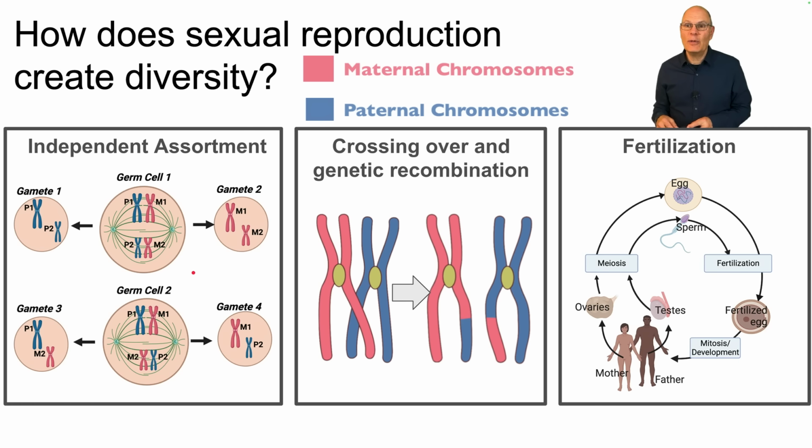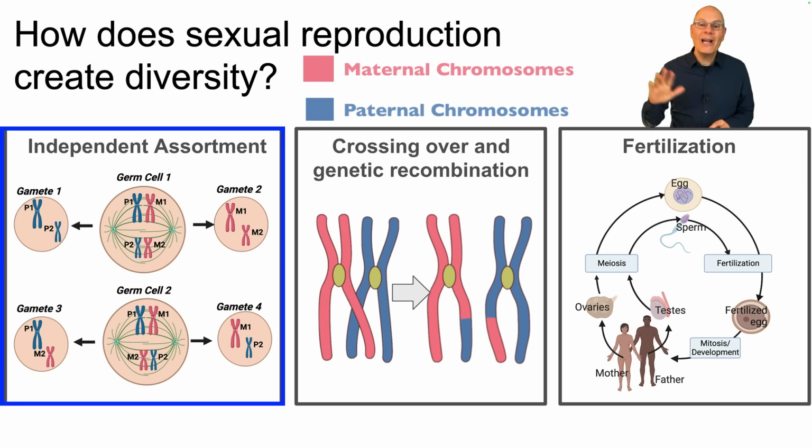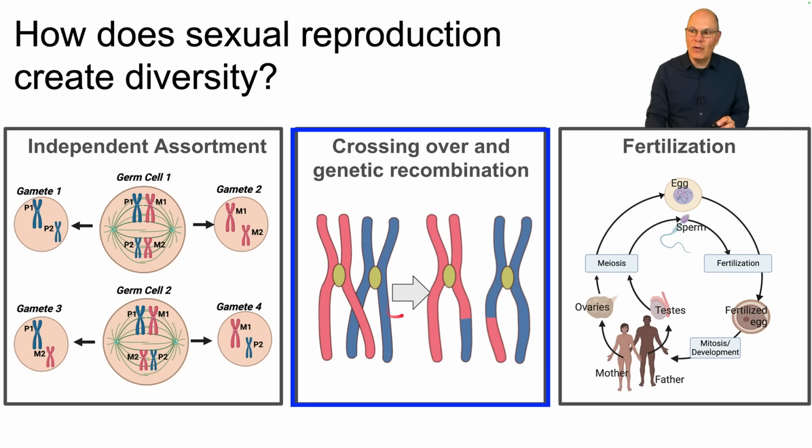How does sexual reproduction create diversity? One engine for diversity is independent assortment, and how it randomly arrays different combinations of chromosomes in the gametes. The other engine is crossing over and genetic recombination, which creates uniquely recombinant chromosomes.